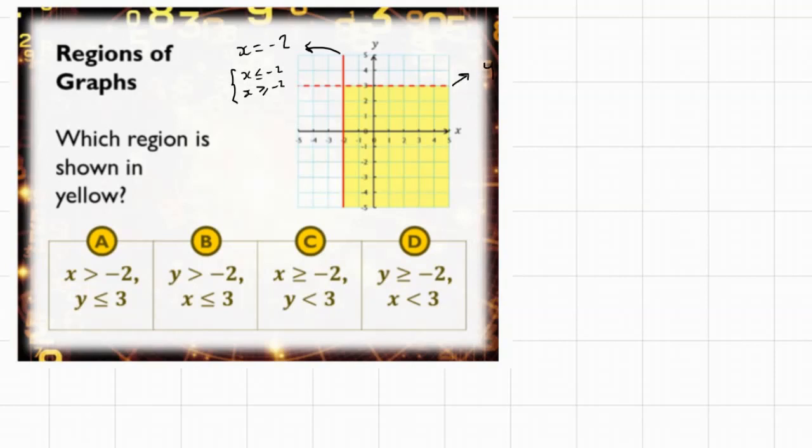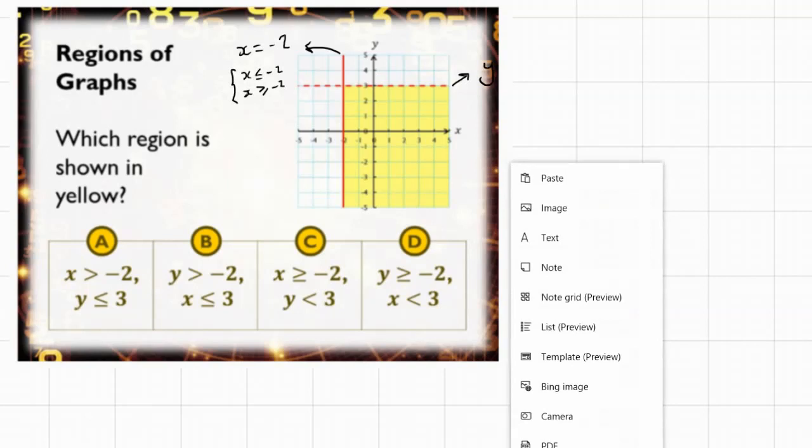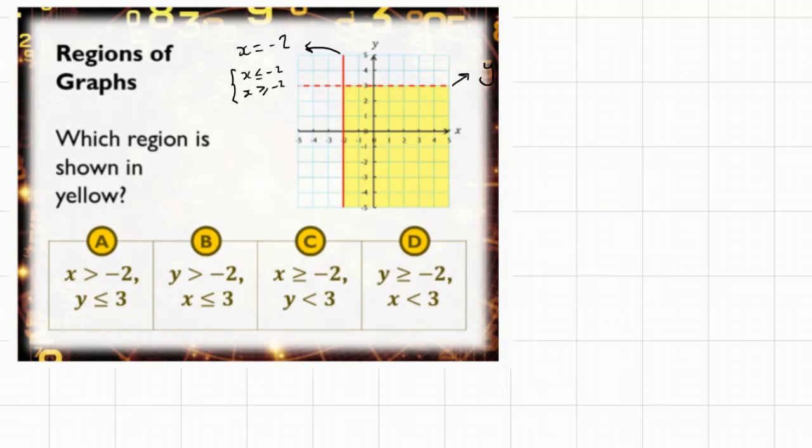And then this is a y equals, I'll get a different colour pen seeing as we've got black there. Go for a green. Here we've got a y equals 3 graph. It's a dotted line, so it's either going to be this or this. Y is strictly greater than 3 or strictly less than 3.